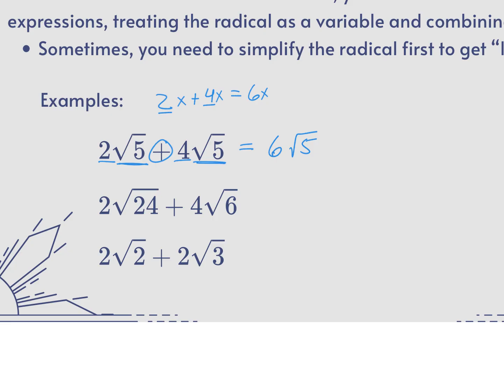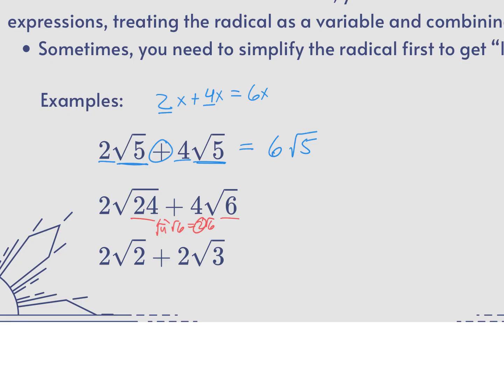Something like the next one, 2 square root of 24 plus 4 square root of 6, I'm going to have to simplify one of these to get it to look like the other. You might see 24 and 6 don't match, but that doesn't mean you can't add them. You might just need to simplify a little bit before you do. The square root of 24, I can split that up into the square root of 4 and the square root of 6, and I know that the square root of 4 is 2, so 2 square root of 6.